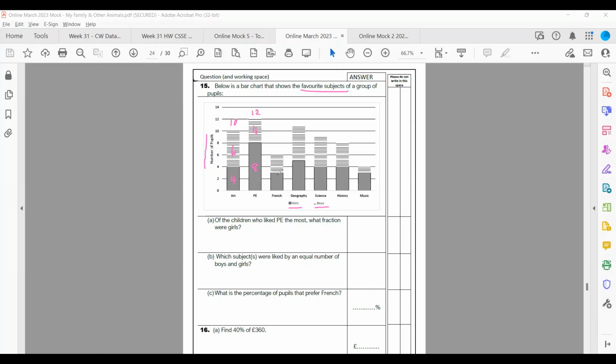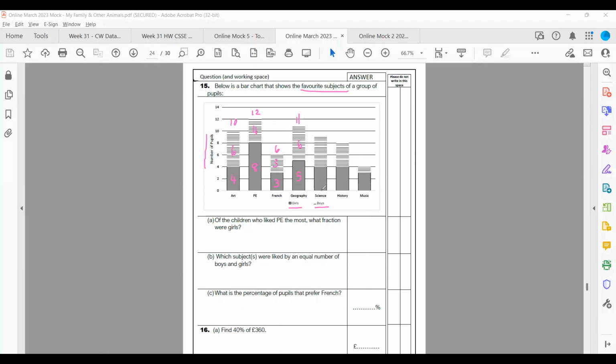Here, we're halfway between 2 and 4. So this must be 3 girls for French. And we go to 6. So it must also be 3 boys for French as well, giving us a total of 6 in that column. Here we're halfway between 4 and 6, so 5 for geography, and we're going up to 11, so it must be 6 boys here as well, giving us a total of 11.